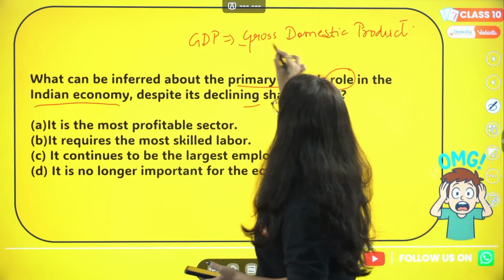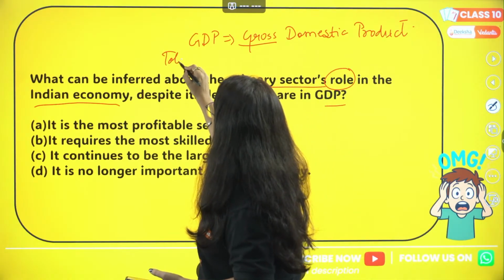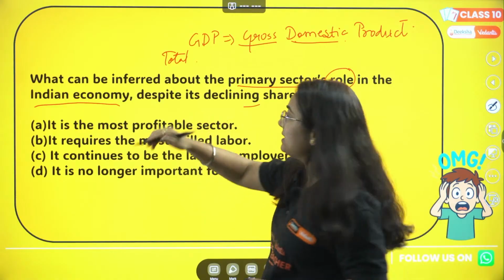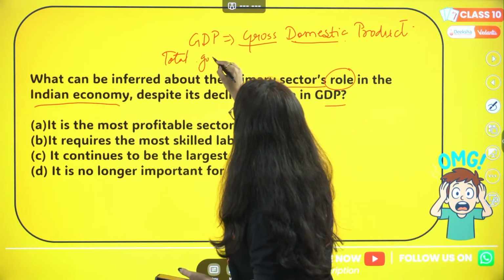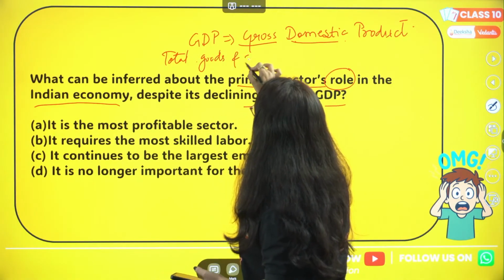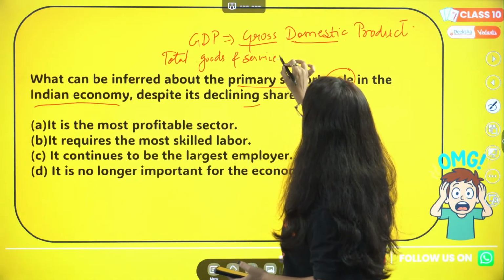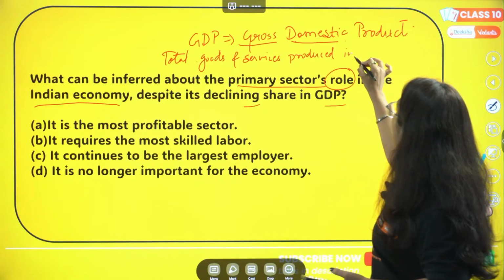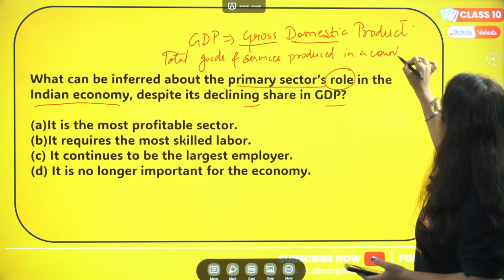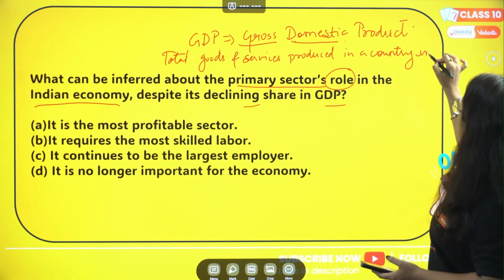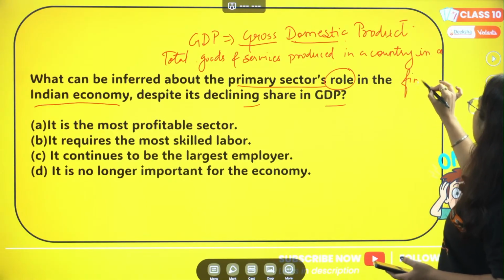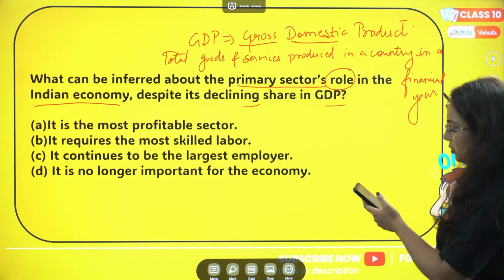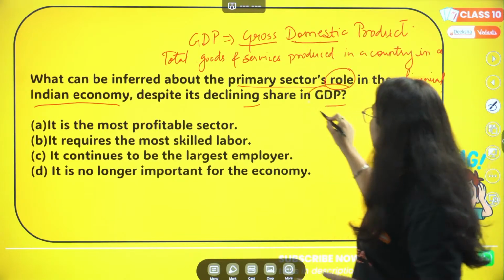The word gross here means total, and domestic means in the country. So basically it is the total goods and services produced within the boundaries of a country in a financial year. This is known as GDP.